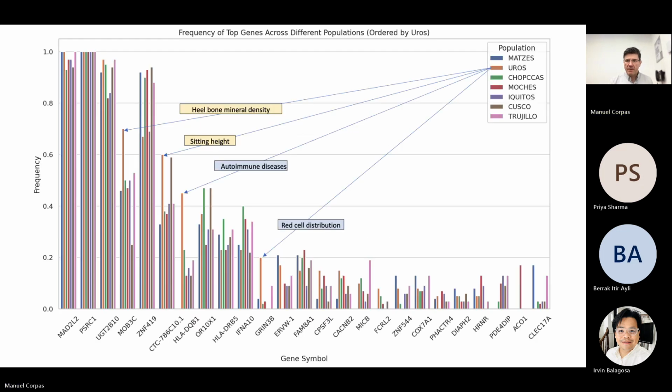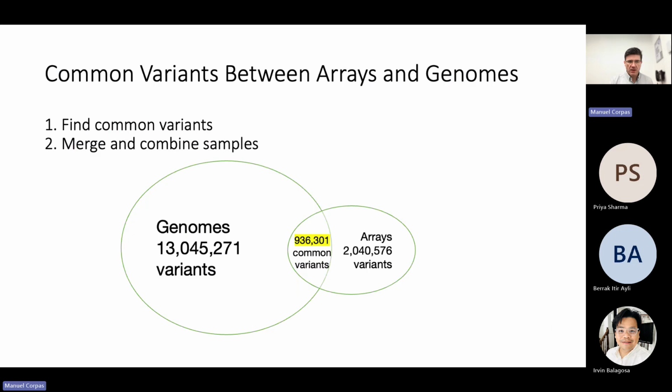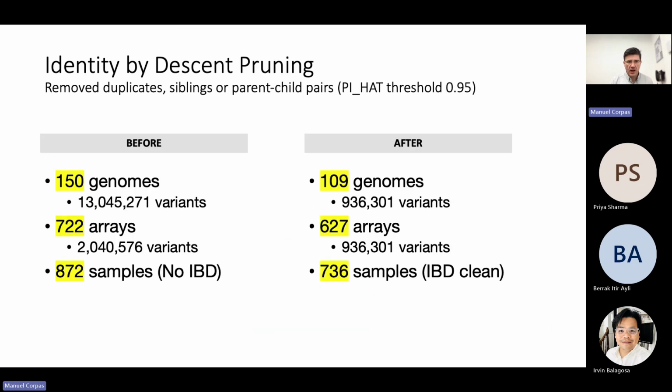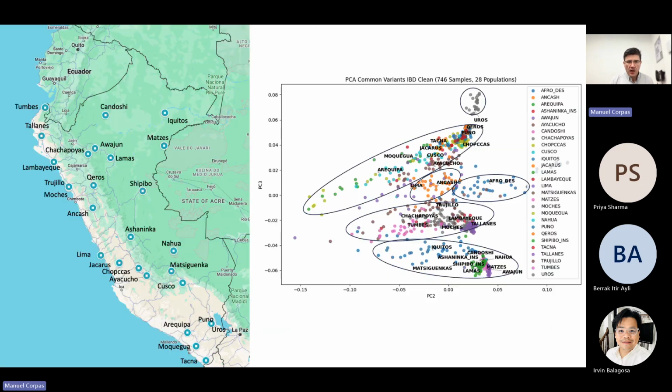I'm not going to go into this particular detail, because this is quite detailed. But here you can see that we then expanded from 7 populations to 28.